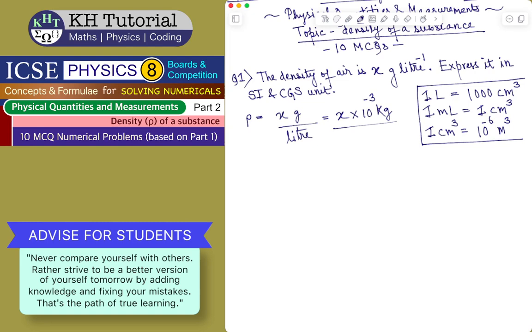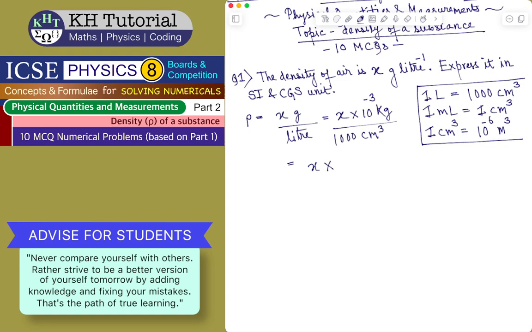I know that 1 liter is 1000 centimeter cube. Now again I will convert the centimeter cube to meter cube.